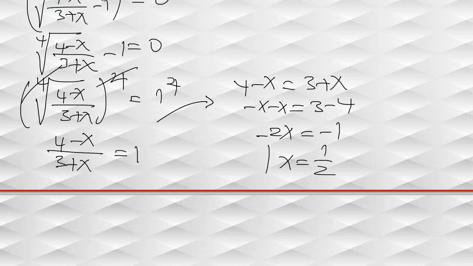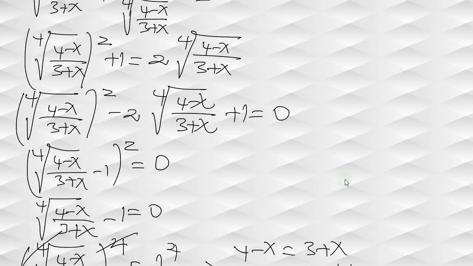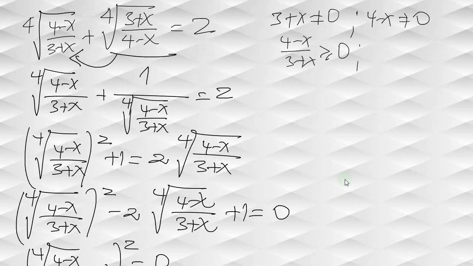Okay, so this is the value of x. Okay, so our x is 1 over 2. Let me circle it like this. So this is our value of x. X is equal to 1/2. We're gonna check the solution at the end.